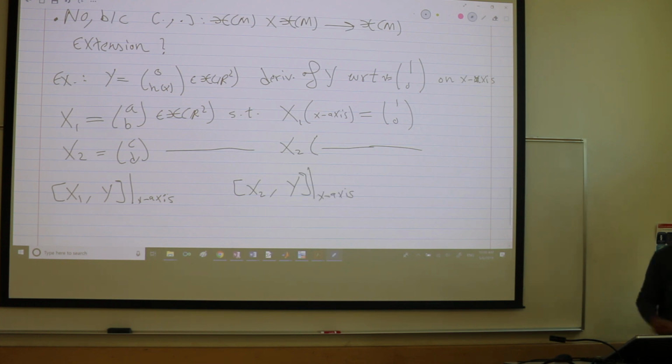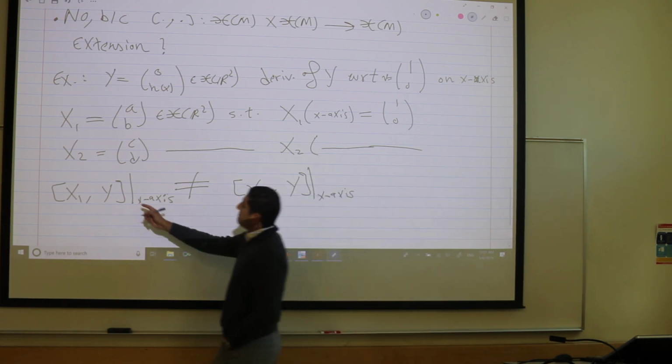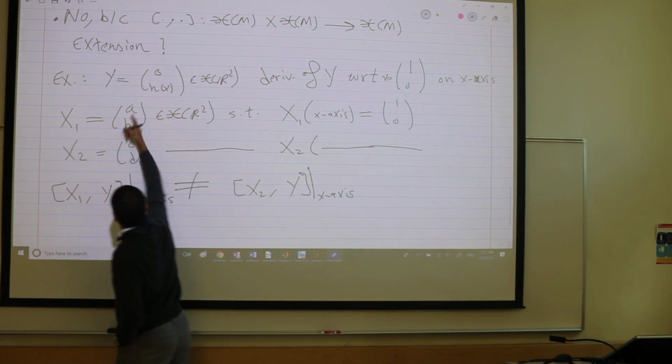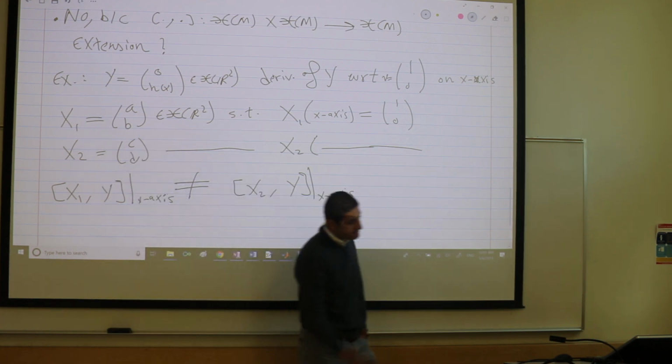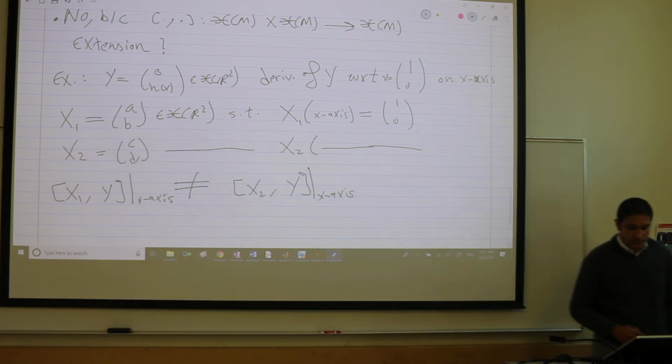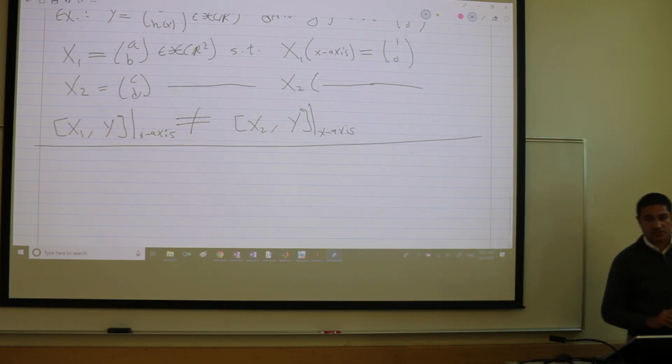Otherwise, this suggestion, just go and trash it. And the thing is, they don't match. Okay? Because these guys will be differentiated, and if they match on the x-axis, the derivatives may not match. So the lead bracket really doesn't work at all. So let's close this suggestion, and let's try to find another suggestion.